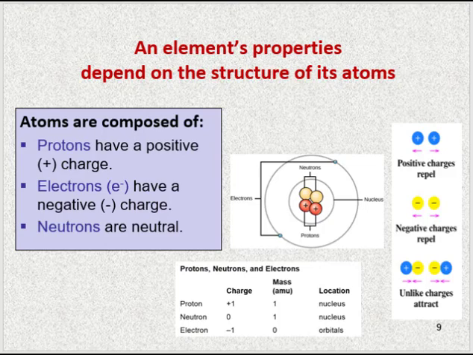Orbiting that nucleus are the atom's electrons. The more electrons you have, the greater the negative charge the atom will have. The more protons you add, the heavier the atom will be, and the greater the positive charge.